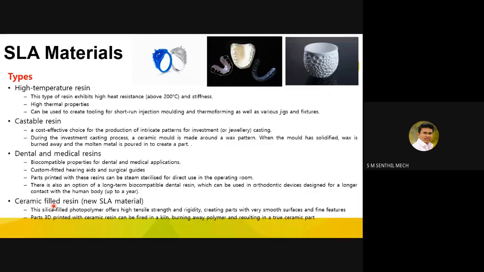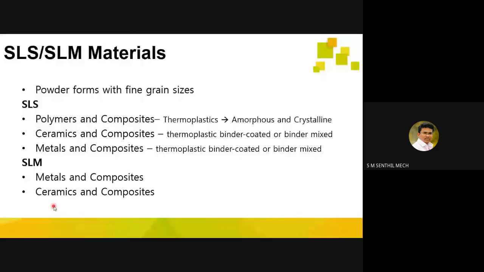But getting the resins is very difficult. That is why, when comparing SLA and FDM, SLA has low material choices. When comparing SLA with SLM and SLS, those still have low material choices. So this is as far as SLA is concerned.